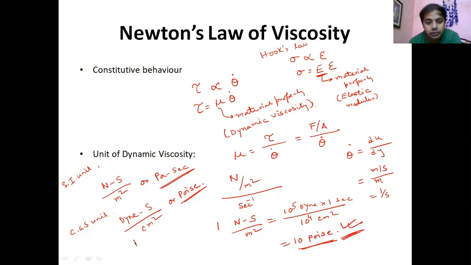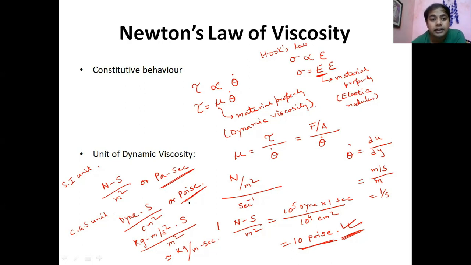Newton can be written as kg meter per second square, multiplied by second and divided by meter square, so it comes out as kg per meter second. In SI you can write it as Pascal second or kg per meter second. Don't be confused by this. Next we'll see the kinematic viscosity.